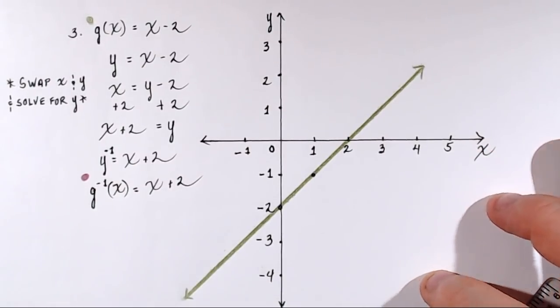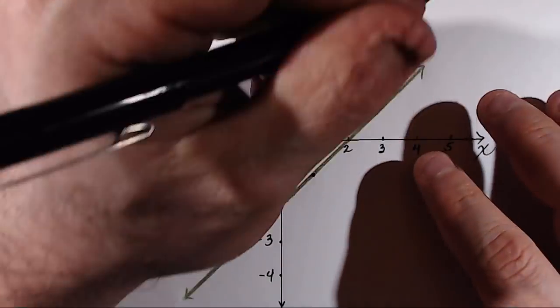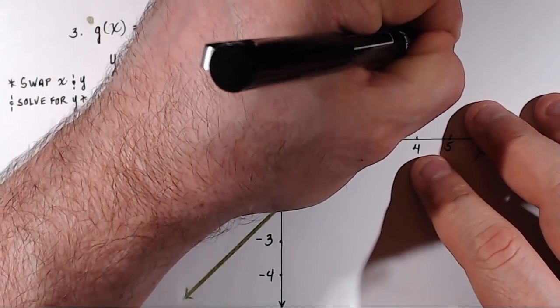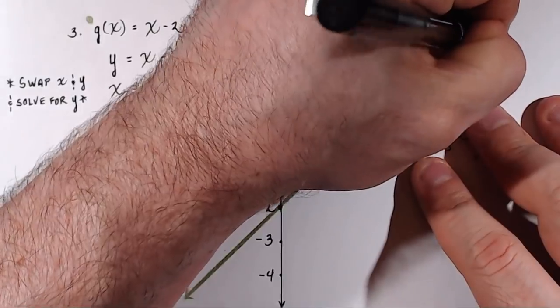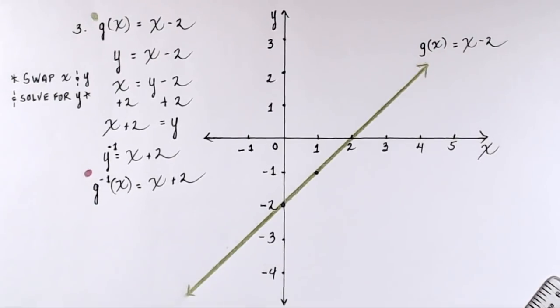And to be good math citizens, we want to identify our functions to the rest of the world. So I will write over here, g of x equals x minus 2.